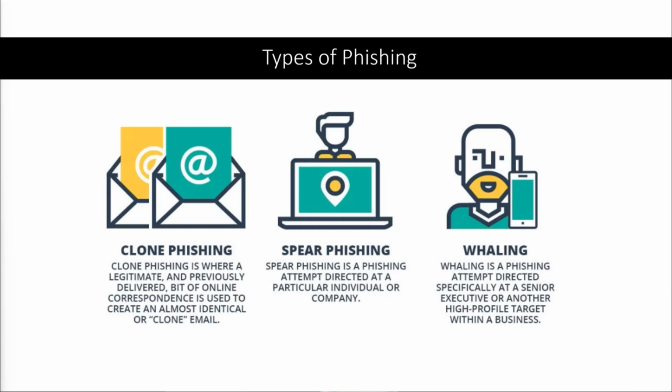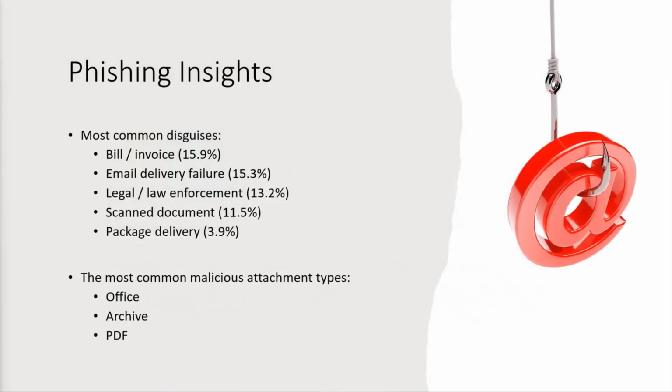And if you look at some of the statistics around phishing, the way they typically try to disguise the content they are attacking with when sending emails into our organization is emails disguised as delivery failures, invoices, or scanned documents, like package deliveries gone wrong or package deliveries that need to be confirmed.